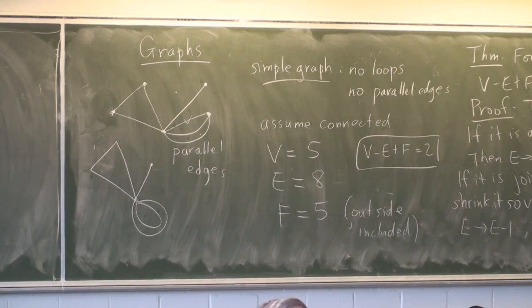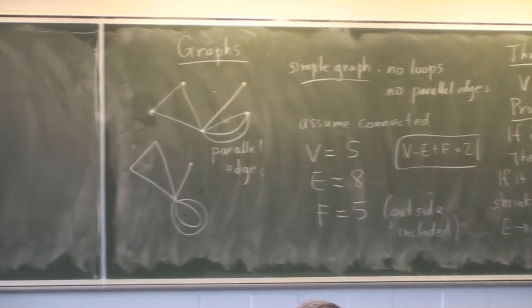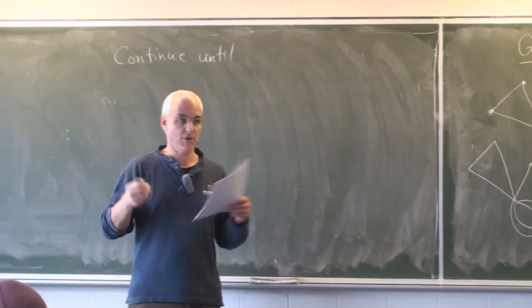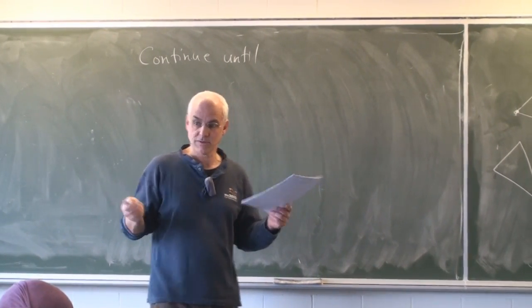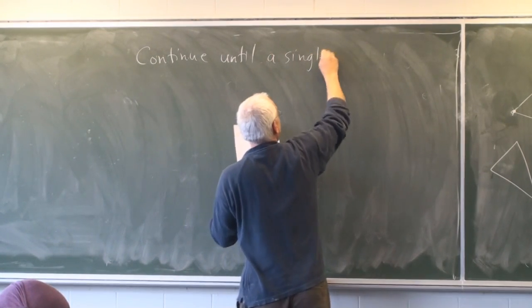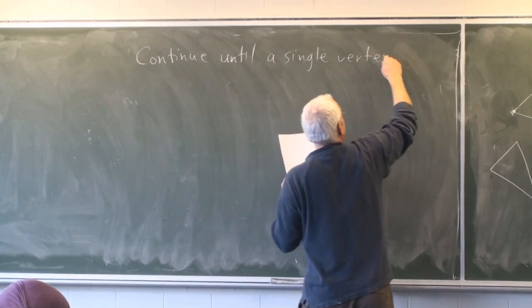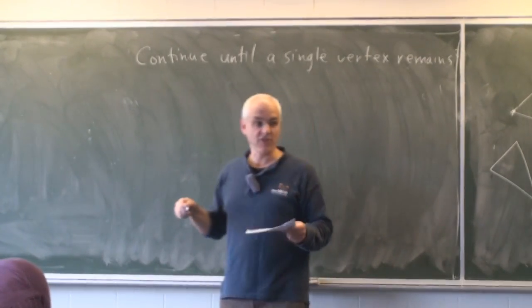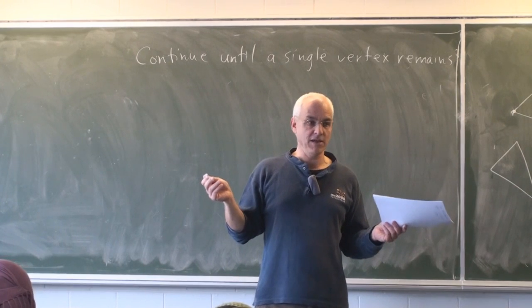Okay, so continue until each edge is going to disappear or be shrunk. So at the end, you're not going to have any edges. So continue until a single vertex remains. We can't have two or more vertices because we're assuming the thing was connected at the beginning.